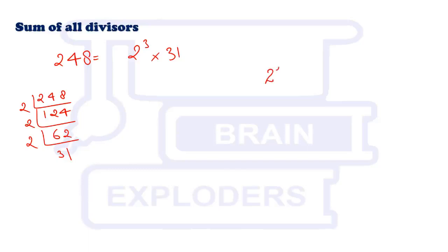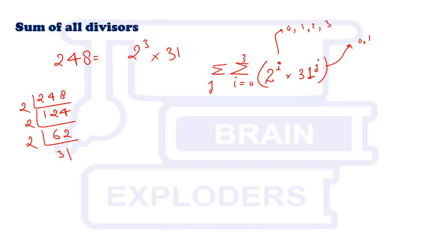In general, its factor can be written as 2 to the power i times 31 to the power j, where i has the possibilities 0, 1, 2, 3, and j has possibilities 0 and 1 only. For all these possibilities, we have to find the sum. So summation i equals 0 to 3 and summation j equals 0 to 1.